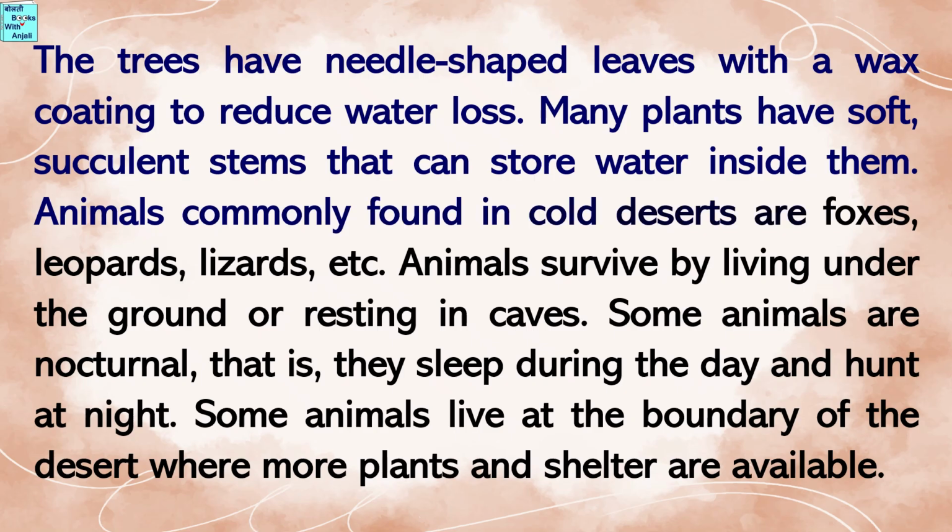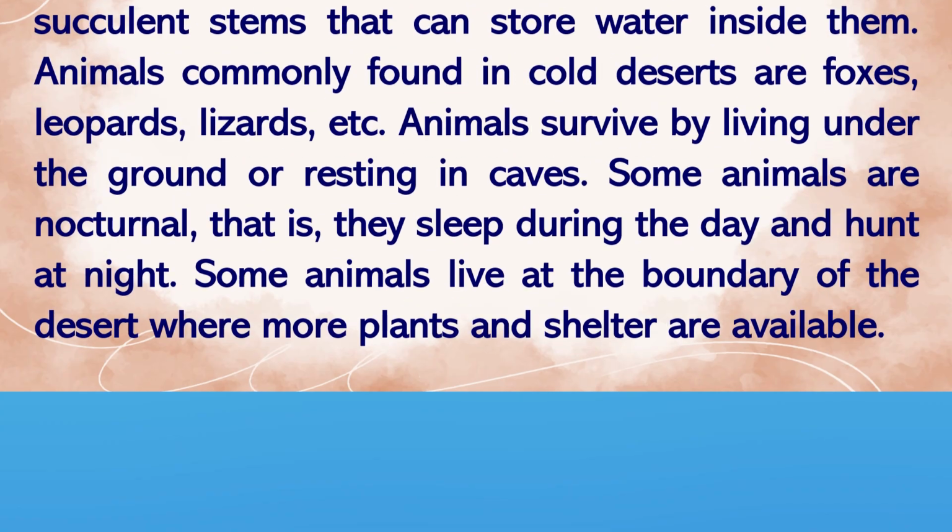Animals commonly found in cold deserts are foxes, leopards, lizards, etc. Animals survive by living under the ground or resting in caves. Some animals are nocturnal, that is, they sleep during the day and hunt at night. Some animals live at the boundary of the desert where more plants and shelter are available.